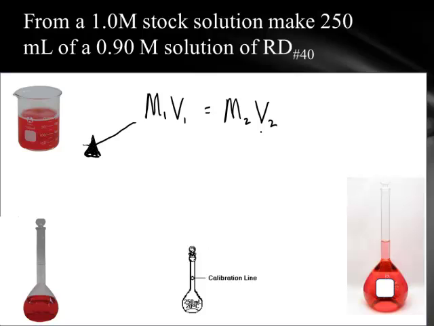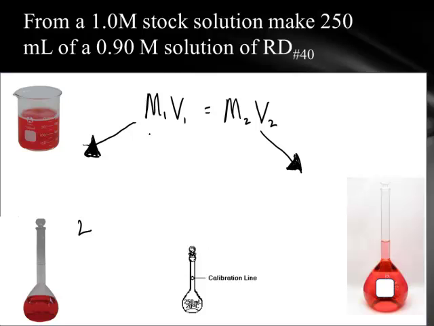And molarity 2 and volume 2 are referring to what we want to come out with in the end. What we really want to know is what is the volume that we're going to put into this volumetric flask right here. So we're going to solve this equation for V1.